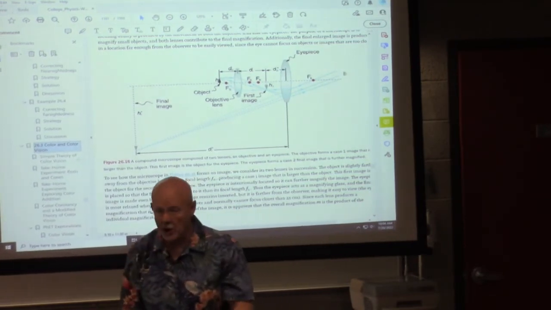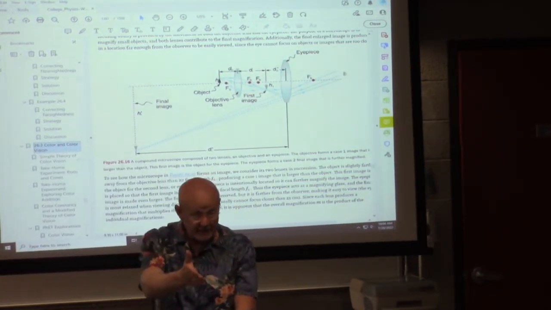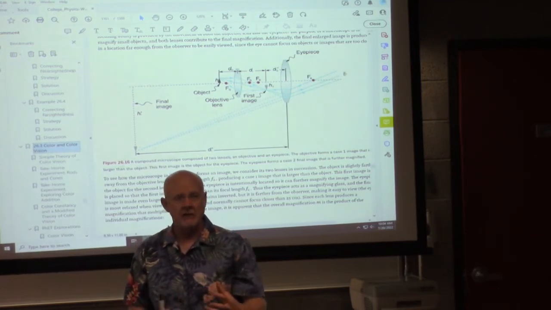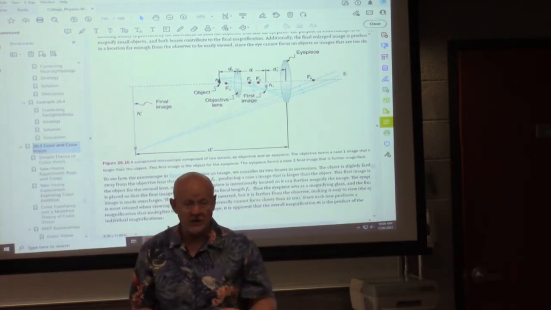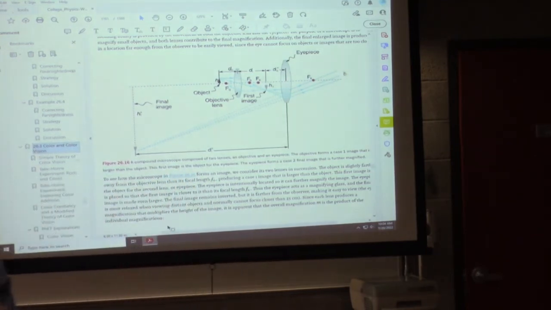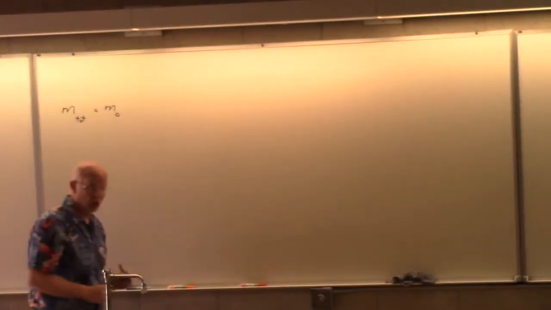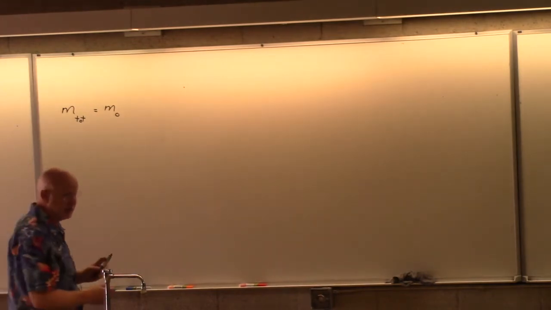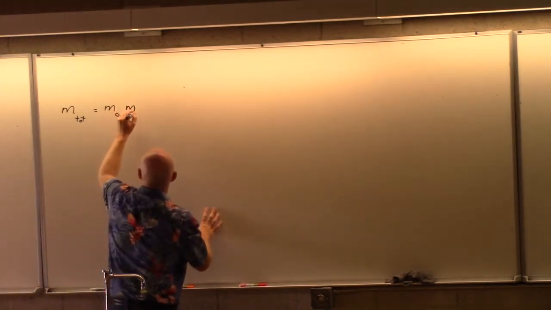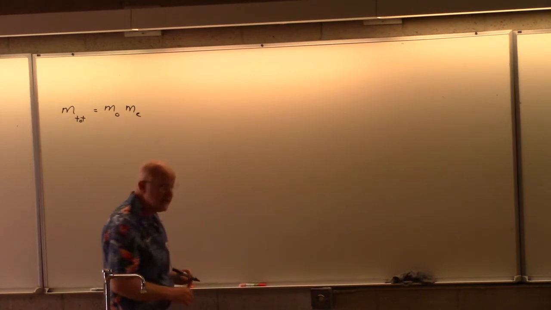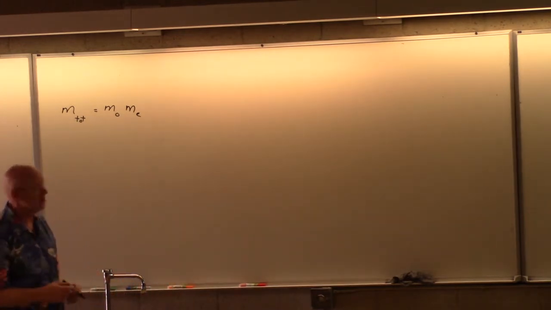And so if you want to know how much bigger the final image is, you have to take the magnification of the 2 pieces. And so that's going to be my first equation I'm going to say here. So the magnification total is the magnification, and I'll put an O, so it's the magnification of the objective lens, and then it's the magnification, and I'll put an E for the eyepiece.